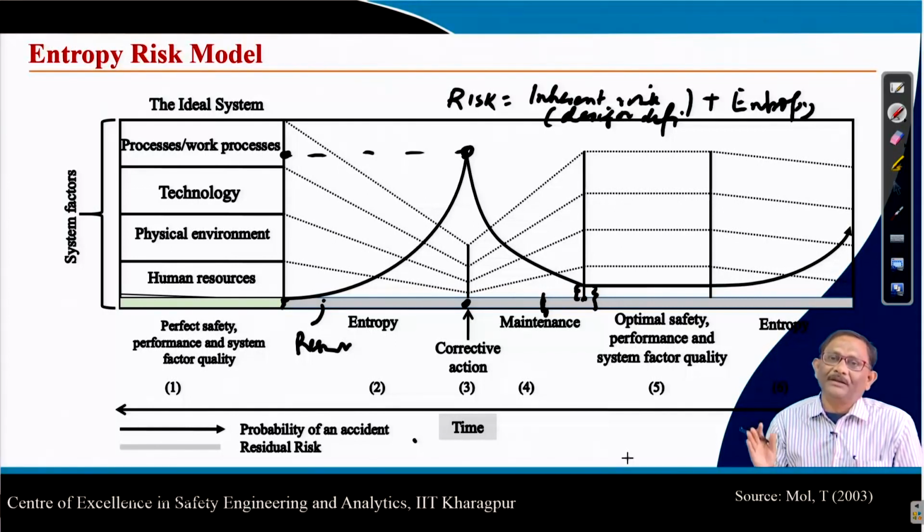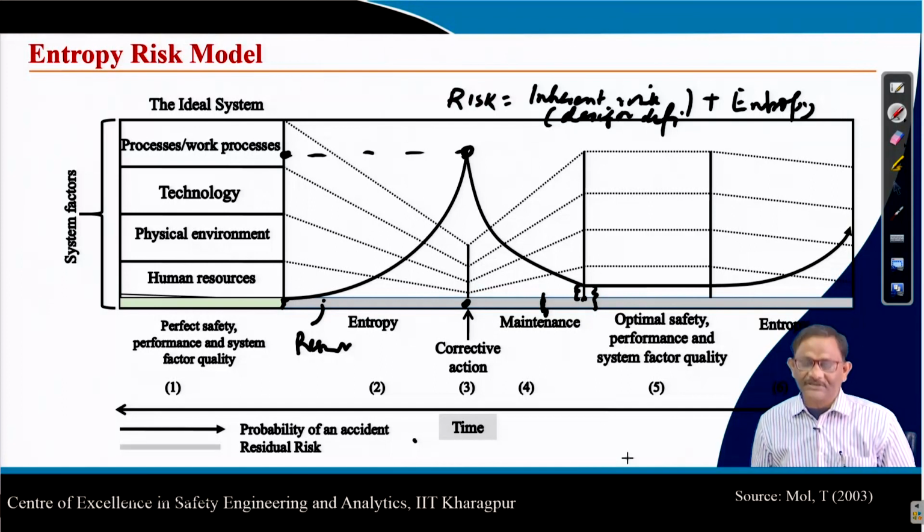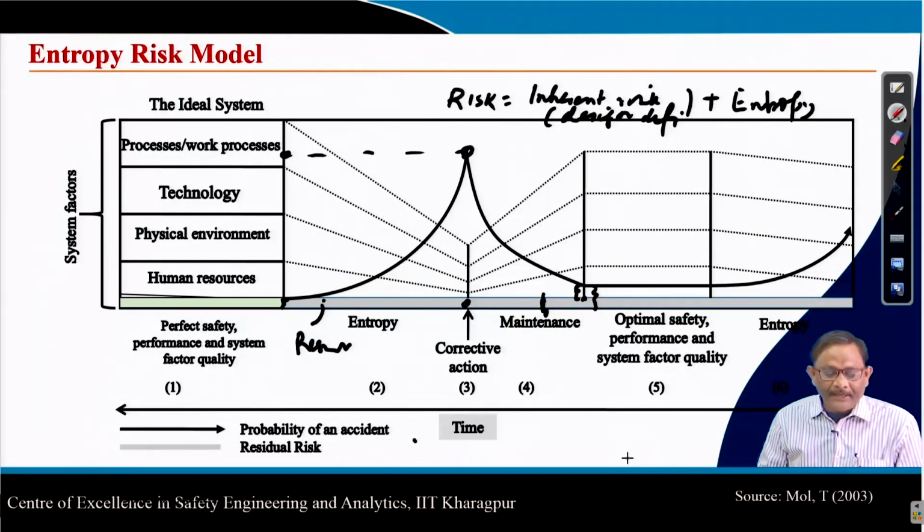You have to have proper safety-related interventions by design, and those may be engineering interventions or administrative interventions, like all the risk control systems, and those should be active and working properly. Then the total risk in the system will not go beyond the level at which an undesired event will occur.